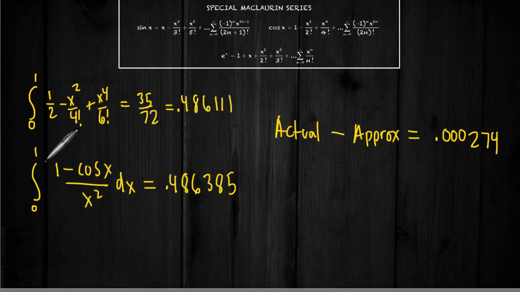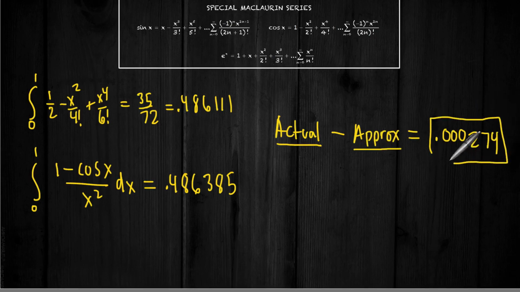If you type into your calculator in radian mode the integral from 0 to 1 of the actual function 1 minus cosine x over x squared dx, you will get 0.486385. Hey, you got to admit, that's pretty cool. Our approximation by Taylor series by hand is extremely close to the real one. As a matter of fact, the actual value minus our Taylor series approximation is close to within 3 decimal places, 0.000274.